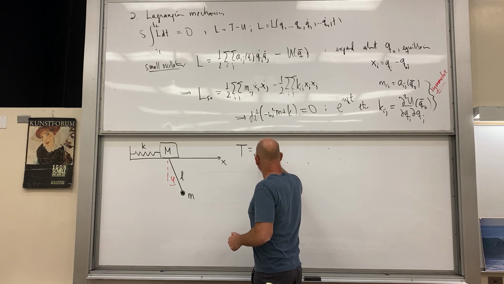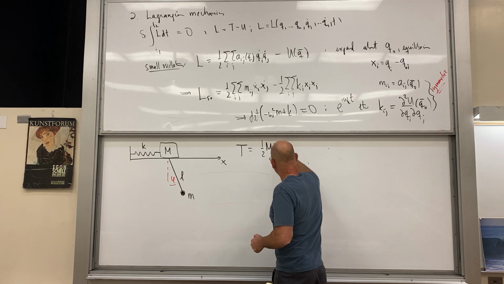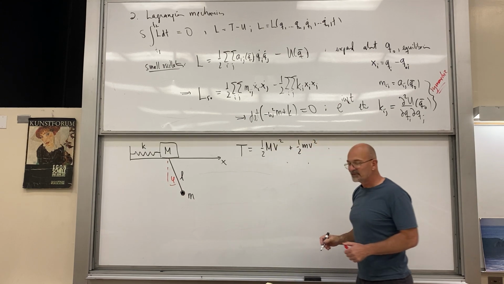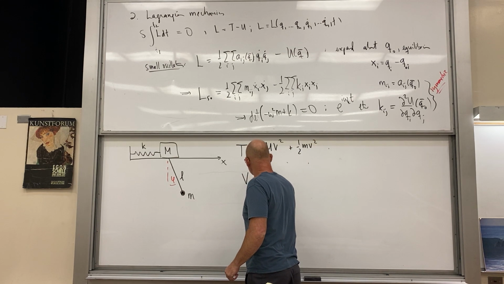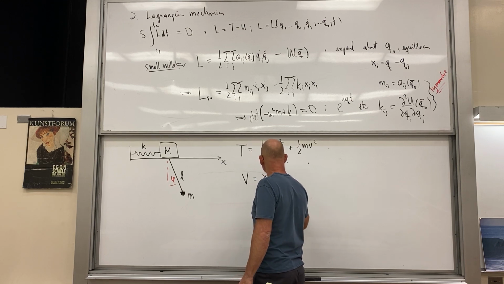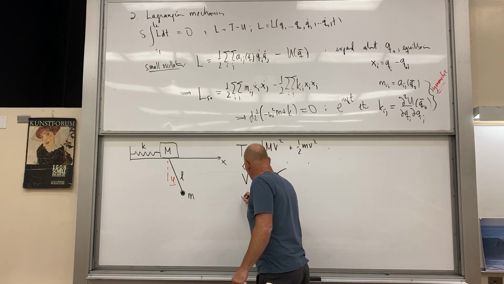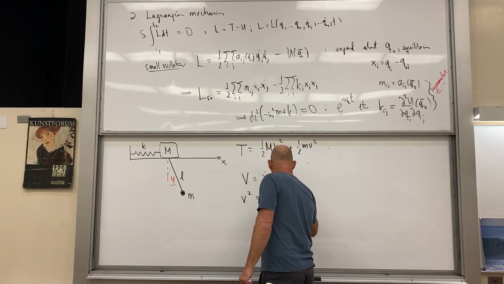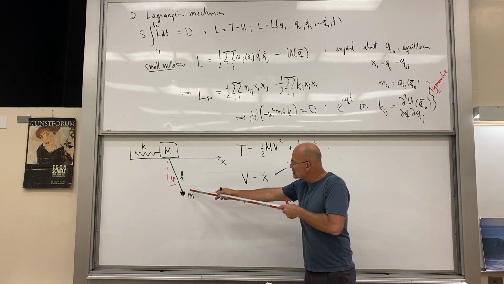Then the kinetic energy is a half capital M capital V squared plus a half lowercase m v squared, but what is this v right here? So capital V is x dot. That's no problem. Lowercase v squared is vx squared plus vy squared for this pendulum bob.